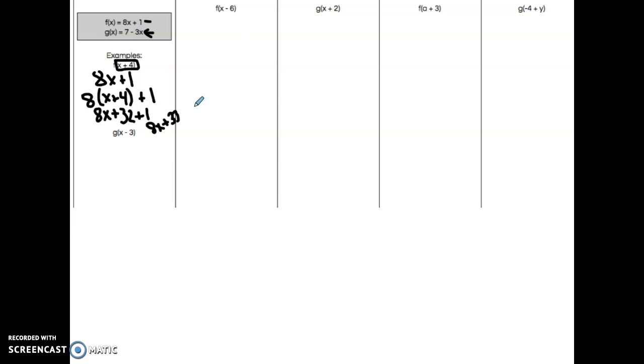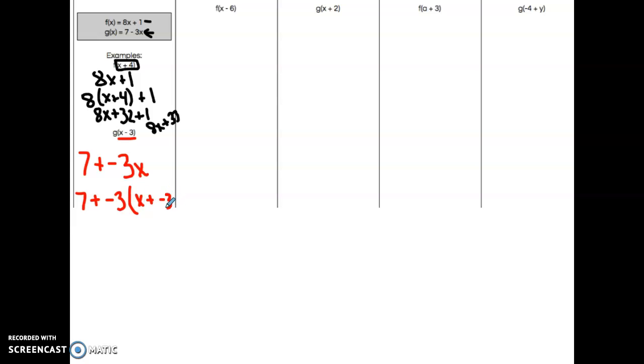All right, looking at the next one, I'm going to use my g function now. So 7, and I'm going to change this to plus negative 3x so that I know I am multiplying by negative 3. Now it wants you to use x minus 3. So I've got 7 plus negative 3 times x, and I'm going to do plus negative 3 as well.